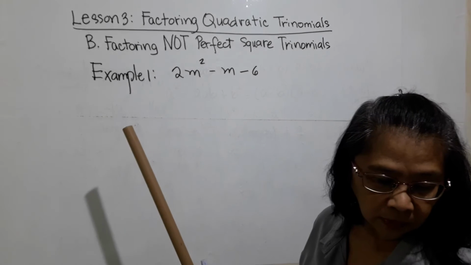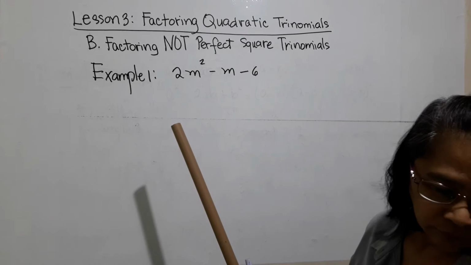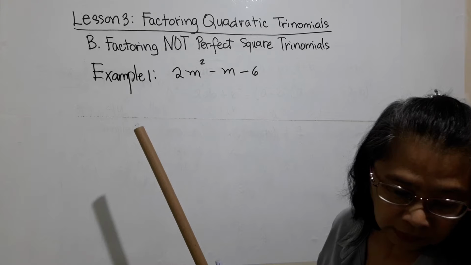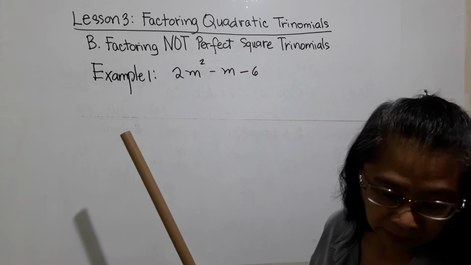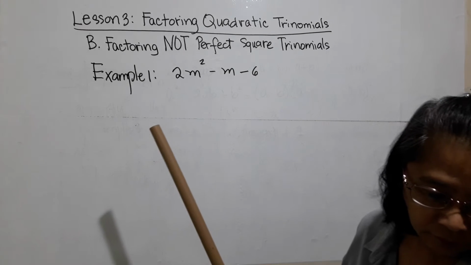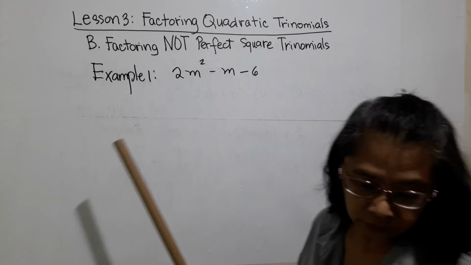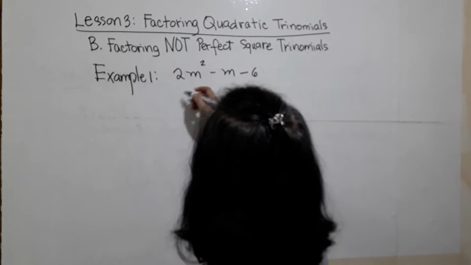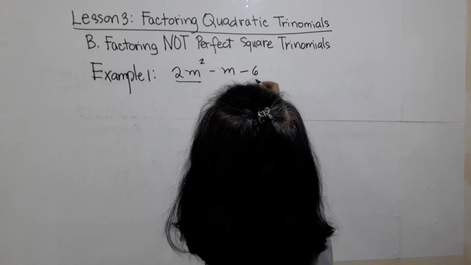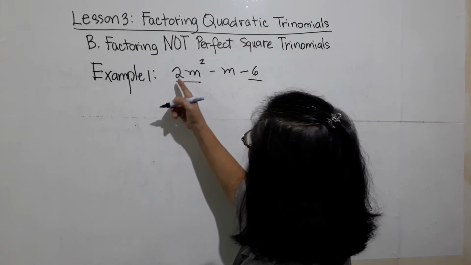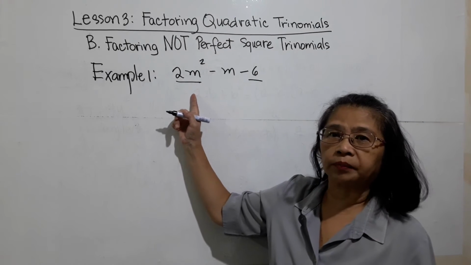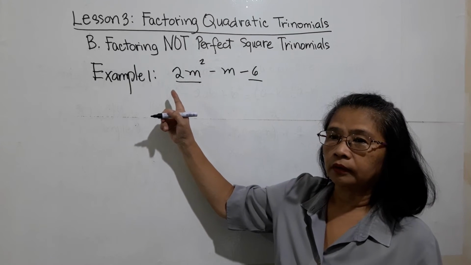So this is quite longer, a trial in finding the correct pair of factors for the first term and the third term. In this case, we have 2m squared and negative 6. 2m squared is not a perfect square because 2 is not a perfect square.